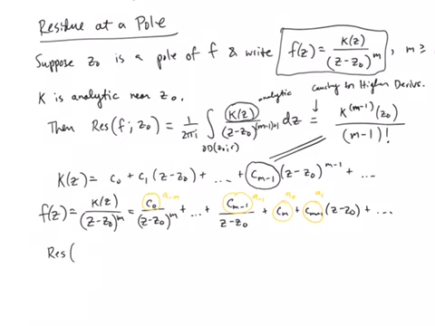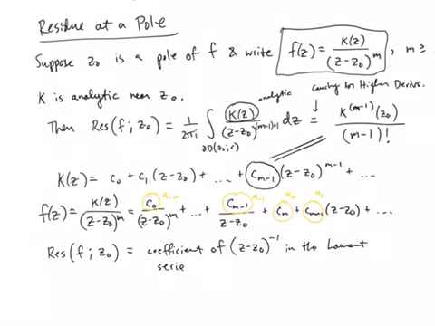And so the residue of f at this pole z0 is equal to the coefficient of (z minus z0) to the minus 1 in the Laurent series of f.